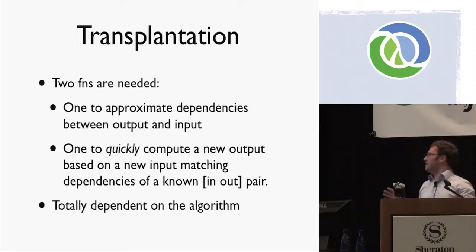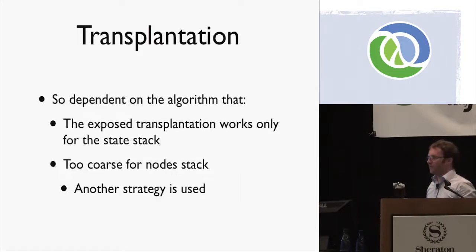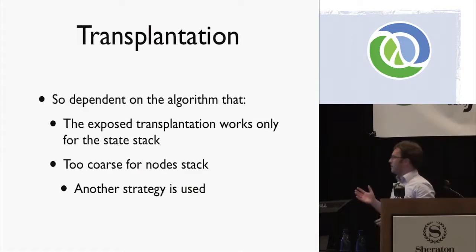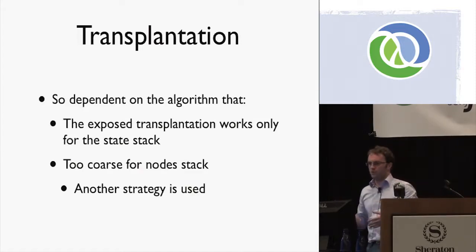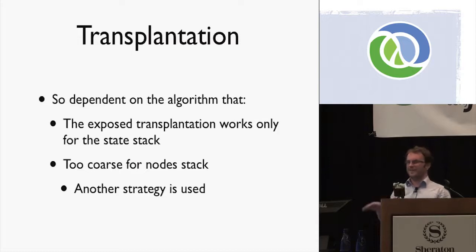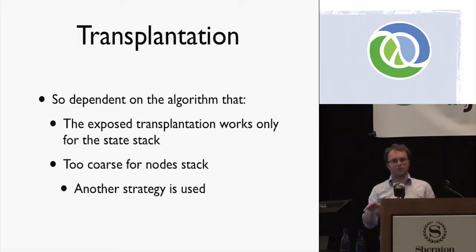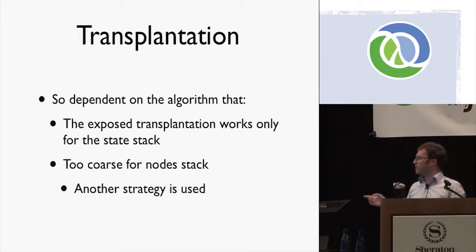But those functions are totally dependent on the algorithm. In fact, they are so dependent on the algorithm that I have only shown you the transplantation technique for the state stack. It's a completely different transplantation technique for the node stack. If I apply the same technique to the node stack, it would be too close, and the memoization would fail every time.